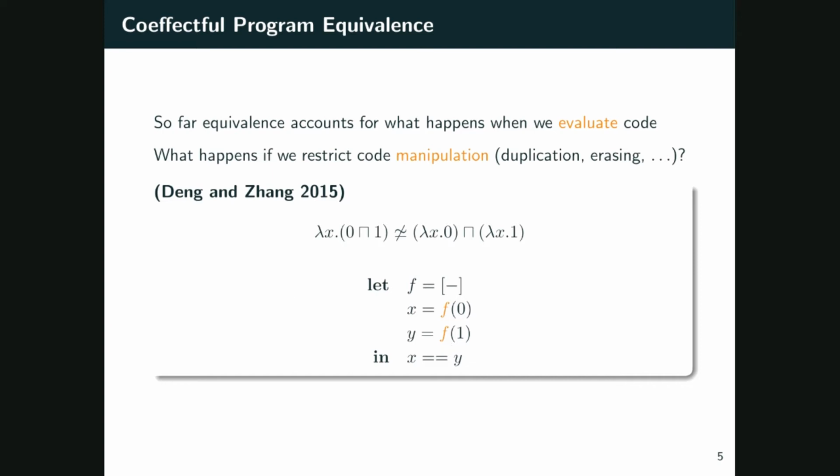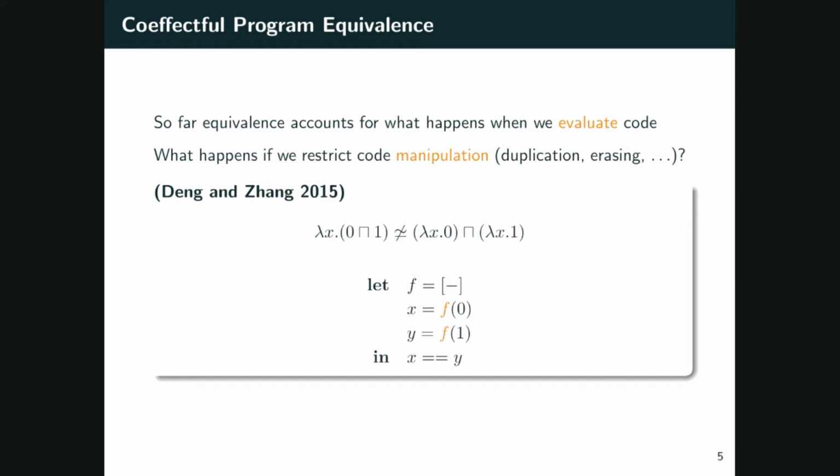And the reason why this context distinguishes these programs is that in one case we have to resolve the non-deterministic choice twice, whereas in the other case we just resolve it once, right? And the key point is that the kind of manipulation we need in order to distinguish these two programs is to be able to copy the programs themselves.